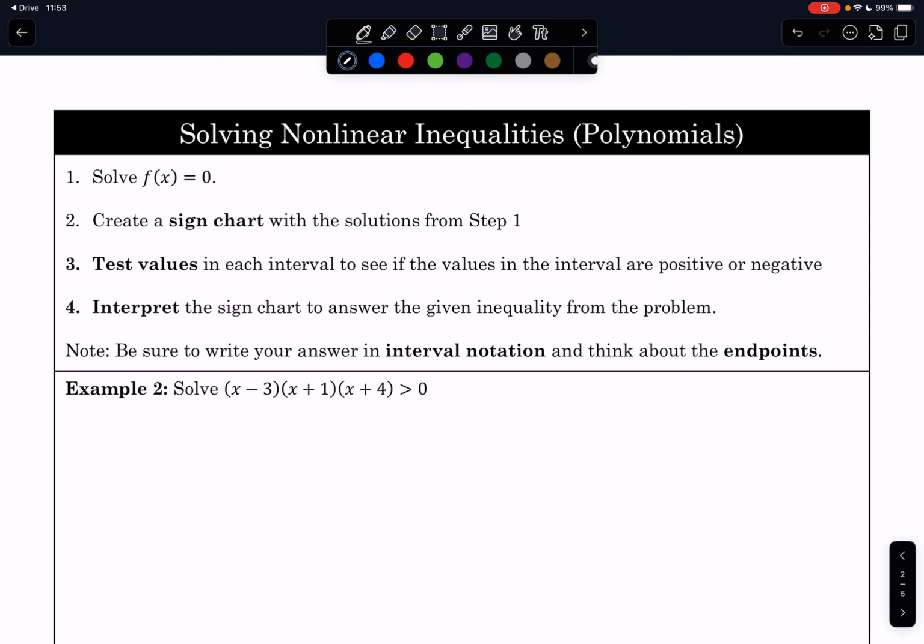We then test values at each interval to see if the values in the interval are going to be positive or negative. Positive means that the graph is going to be above the x-axis, and negative means that the graph is going to be below the x-axis. We interpret the sign to answer the given inequalities from the problem. And again, make sure to write your interval notation and think about the endpoints. Think of what it is that we're looking for, okay?